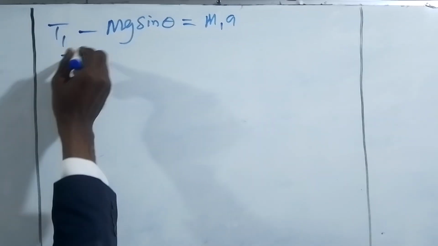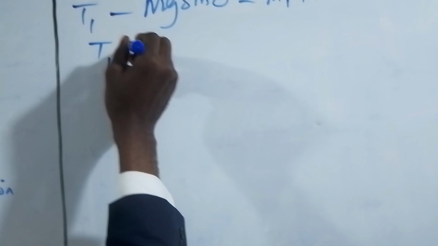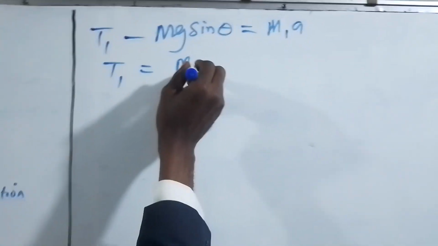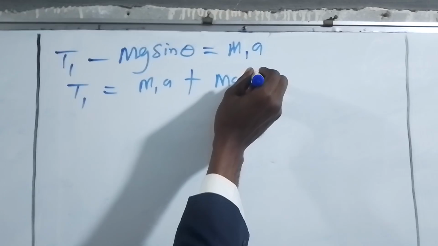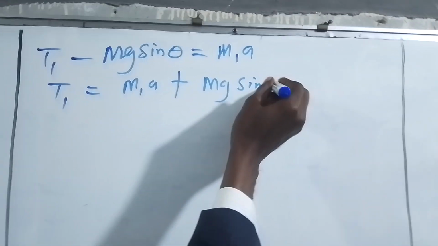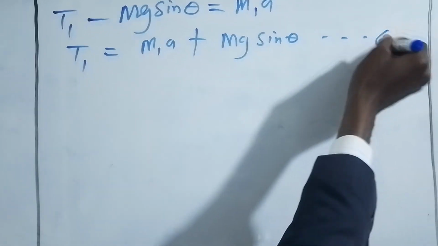Here T1 tends to pull the mass M1 up the plane. If we make T1 the subject, it will be equal to M1A plus M1G sine theta. This becomes our equation 2.